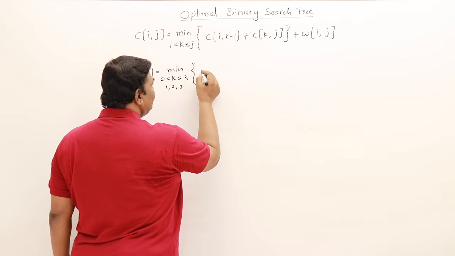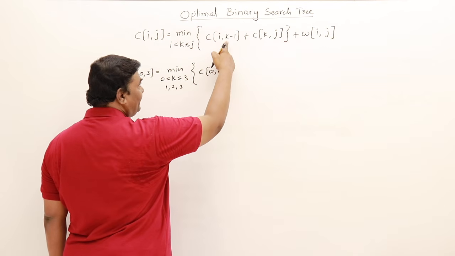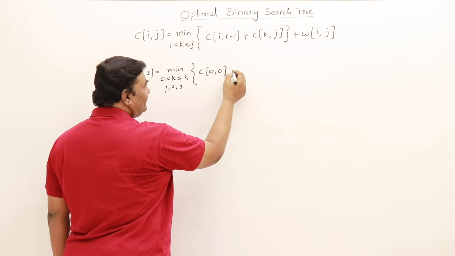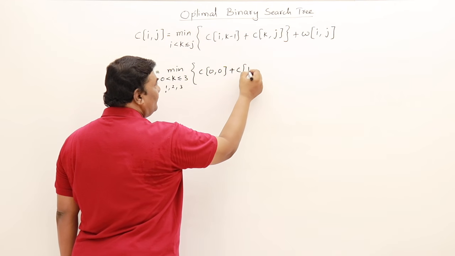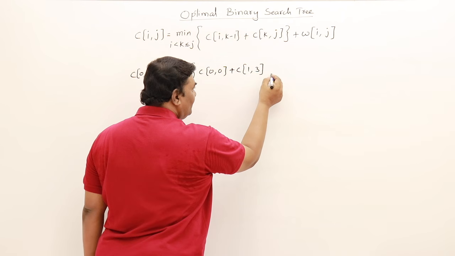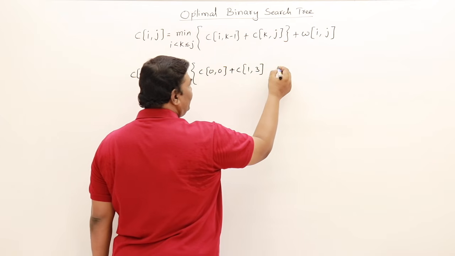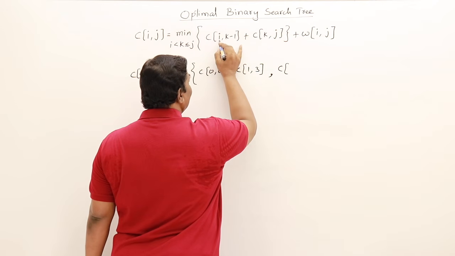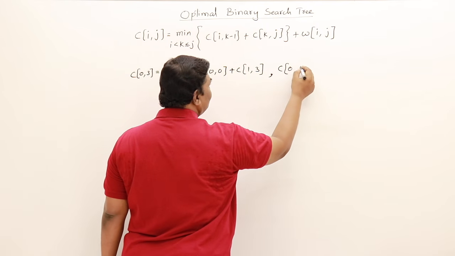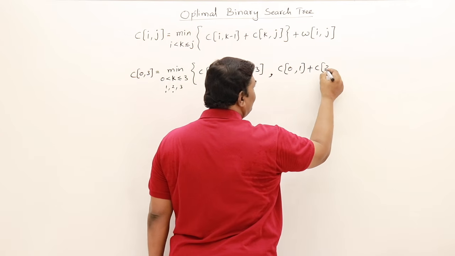So this should be c of 0 to 0, that is 0 to k minus 1. What is k right now? 1. So k is 1, meaning this is 0, plus c of 1 to 3. This is the first substitution. Now k I will take as 2. Then this is c of 0 to 1, since 2 minus 1 is 1, plus c of 2 to 3.